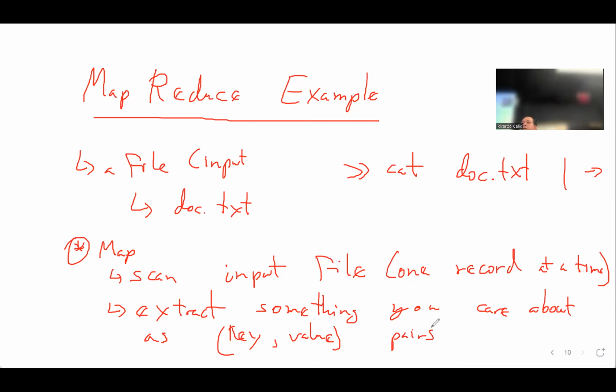The important thing here is the key is basically what allows you to match things, and the value is the thing that you care about for that key. And then that's the mapping, basically, right?